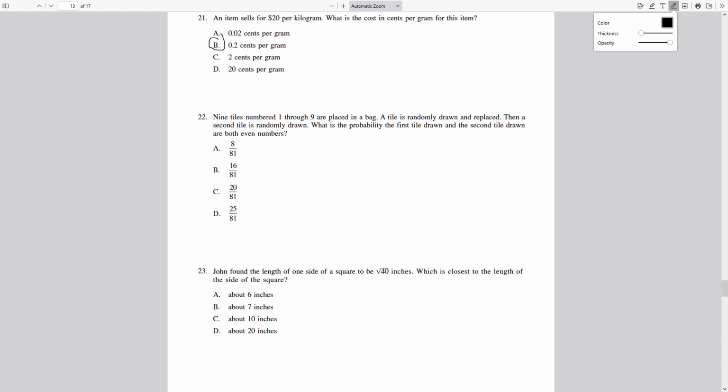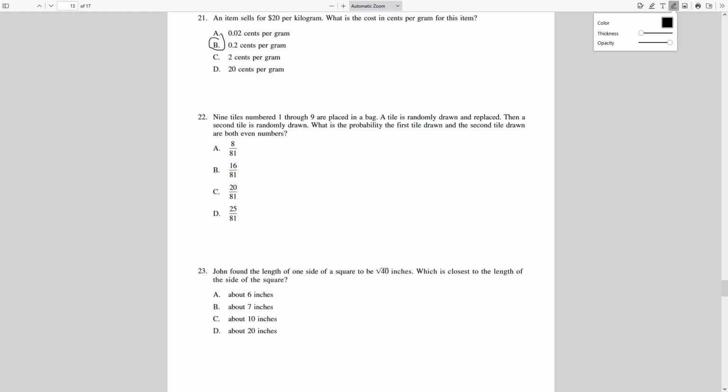9 tiles, numbered 1 through 9, are placed in the bag. A tile is randomly drawn and replaced. Then a second tile is randomly drawn. What is the probability that the first tile and the second tile drawn are both even numbers? So there are 9 numbers, 1 through 9.